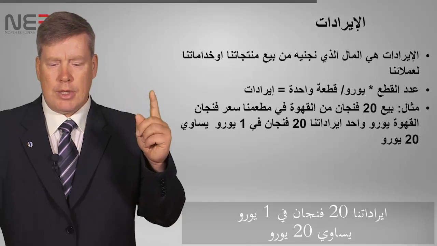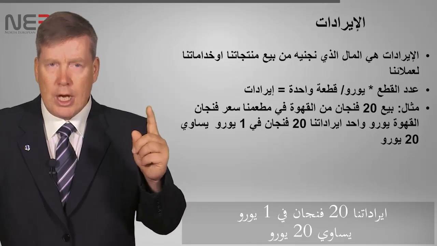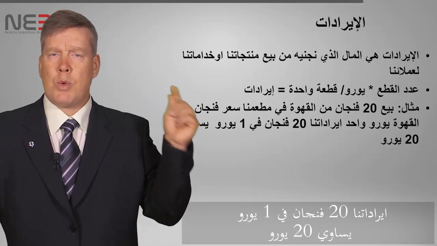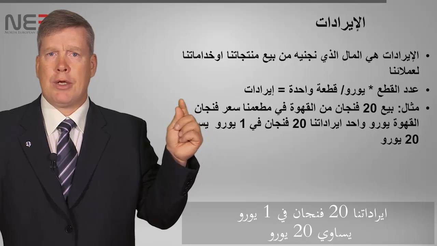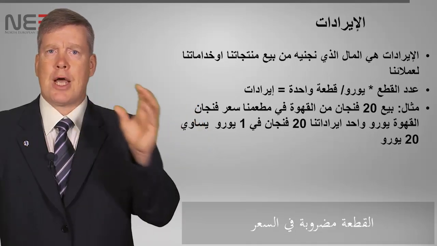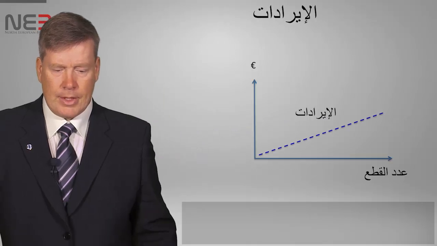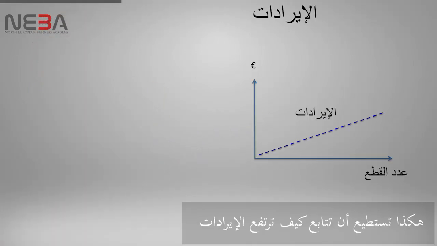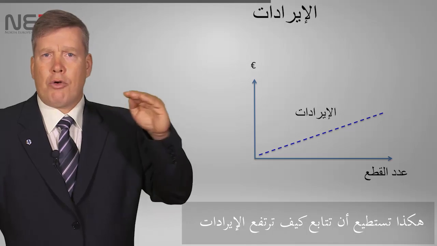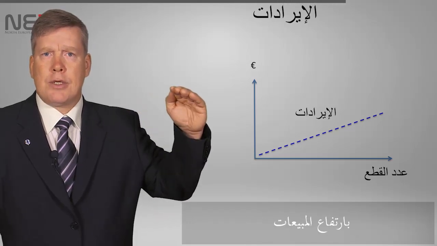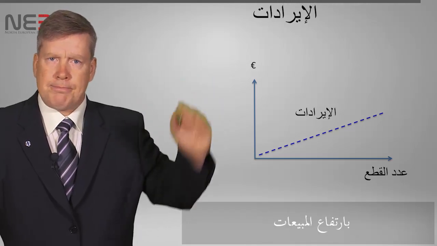Our income is 20 cups times €1 per cup, which is €20. That is our income. So units times the money per unit. And in this picture, you can see an illustration of how incomes grow with sales.